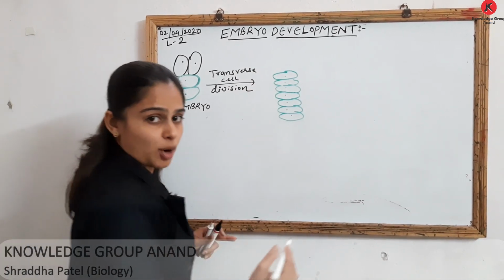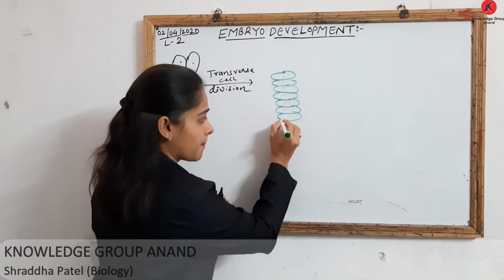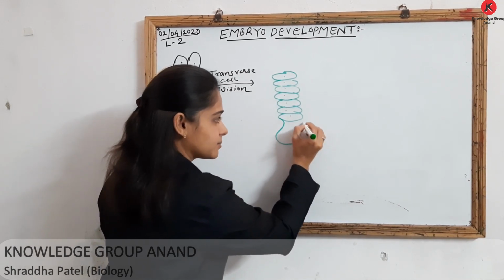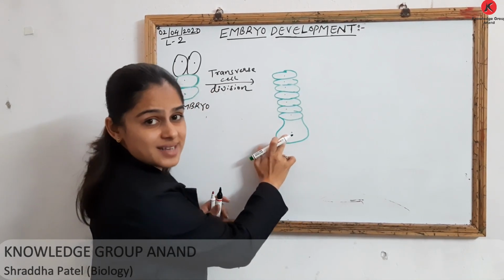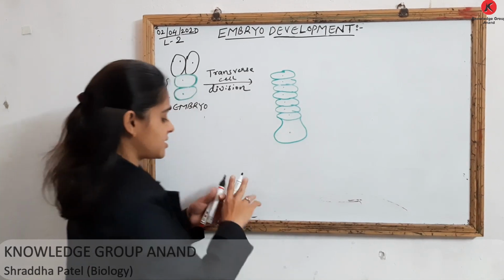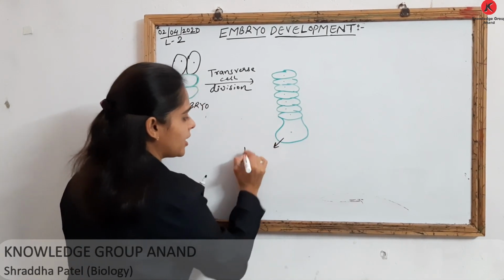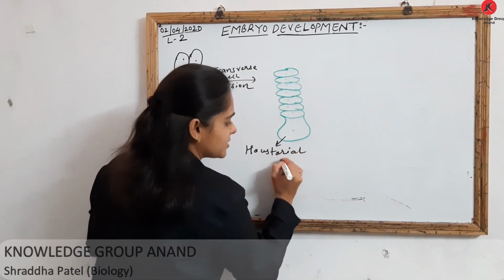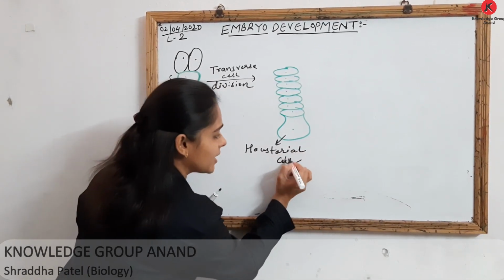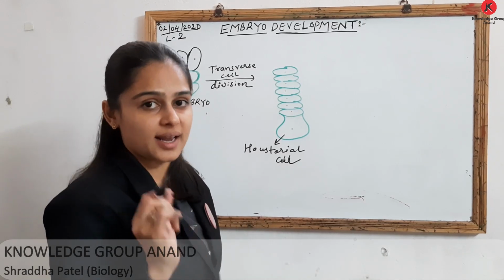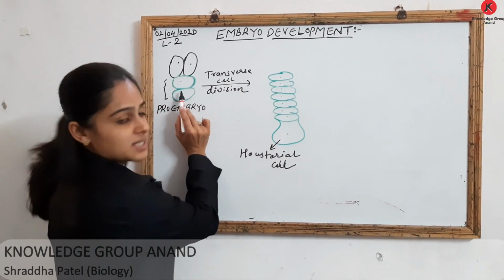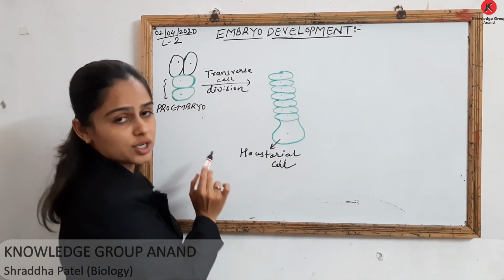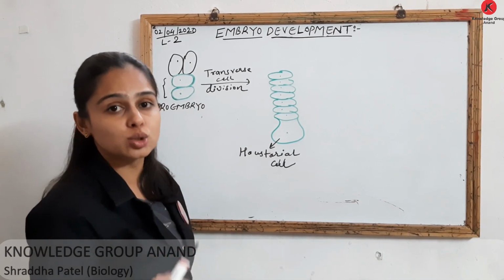Now, most importantly, what happens? The last cell, right? This cell is called your haustorial cell. What is it called? Haustorial cell. Am I clear? Once again, this basal cell undergoes transverse cell division to form 8 to 10 cells.